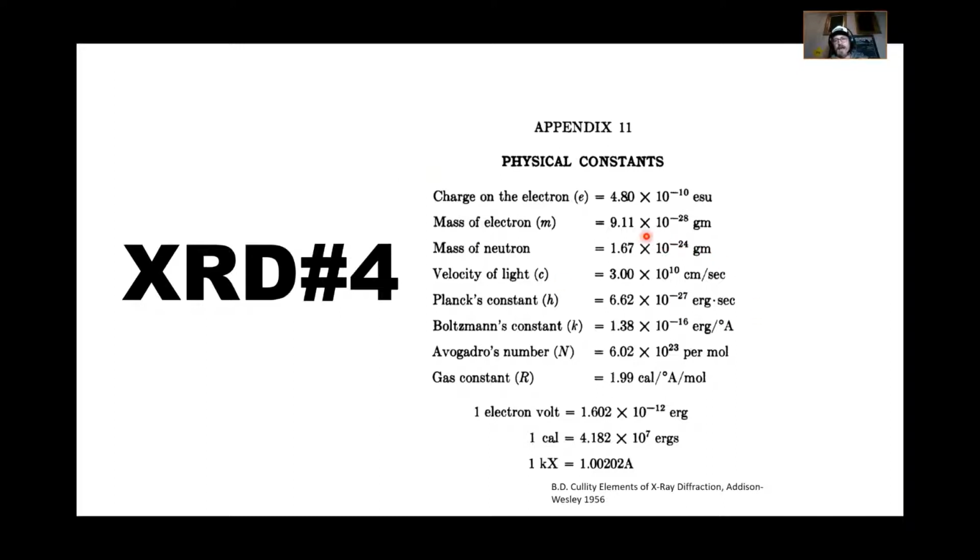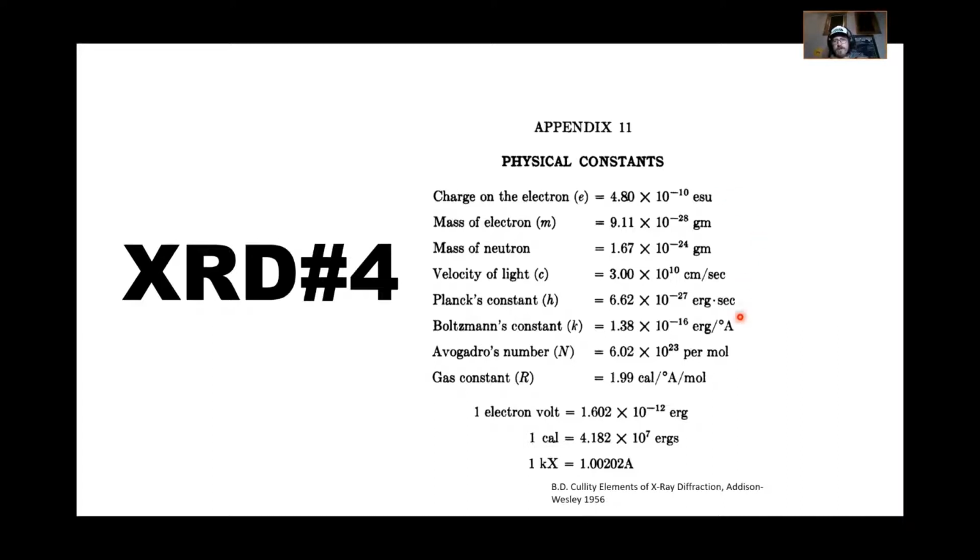And here they have 4.8 times 10 to the negative 10 ESU. I didn't Google it, I don't remember if I ever knew what ESU stands for. Mass of the electron, 9.11 times 10 to the negative 28 grams. The mass of the electron hasn't really changed much, but I learned it in terms of kilograms.